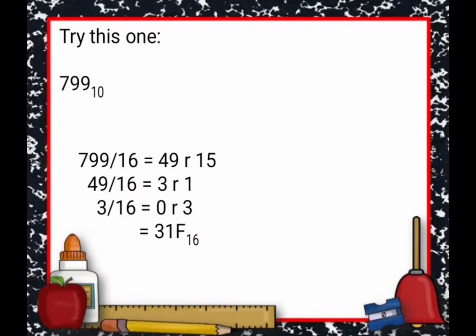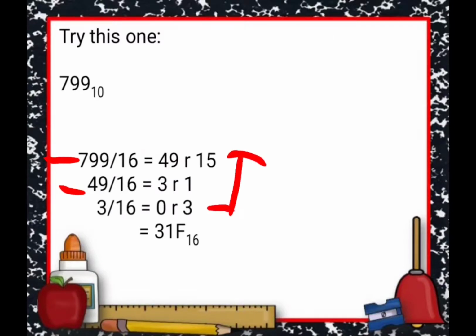So you have the same answer. Your answers are correct. So 799 converts into hexadecimal: 799 divided by 16 is 49 with the remainder of 15. 49 divided by 16, we have 3 with the remainder of 1. 3 divided by 16, we have 0 with the remainder of 3. As I've said, we list all the remainders from bottom to top.